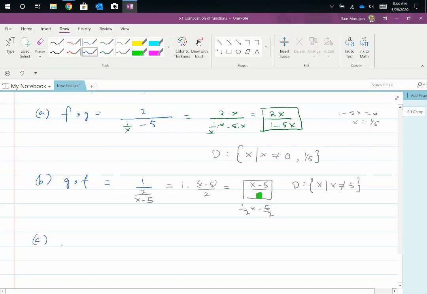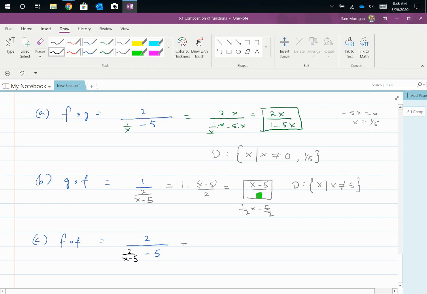Next, we're looking at the f function composed of itself, which is 2 over x minus 5. So in place of x, we're writing the f function, which is 2 over x minus 5.